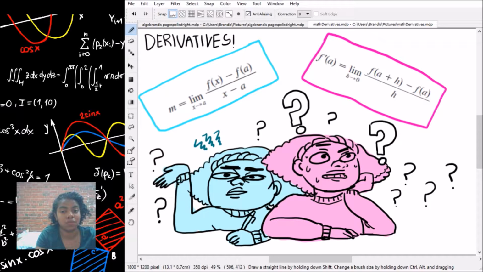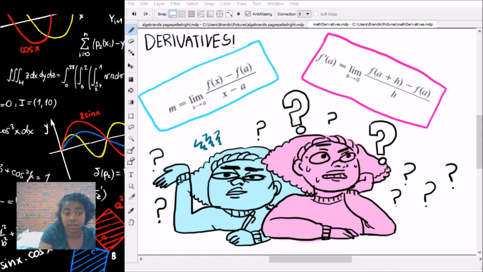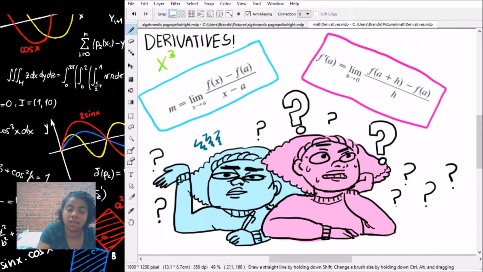I think it depends on what's happening. So when I was trying to compute certain limits with the formula, sometimes it's easier to cancel h than it is to cancel x minus a. I'm really bad at factoring cubic functions.